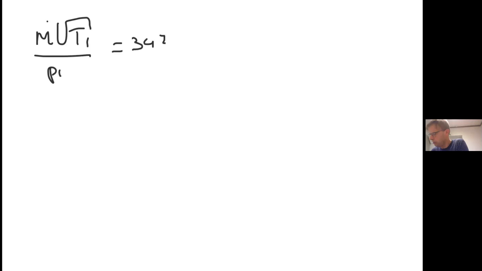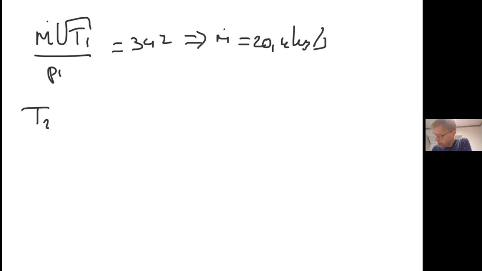You can derive the mass flow out of it, and that will be 20.4 kilograms per second, because we know T1 and P1, so we can very easily derive it. Then we really now have to see the T2, the compressor outlet.